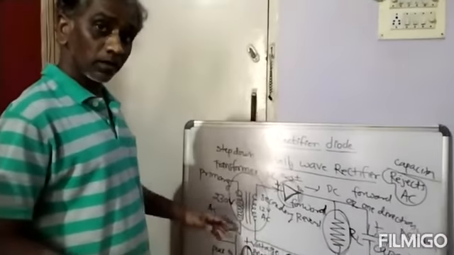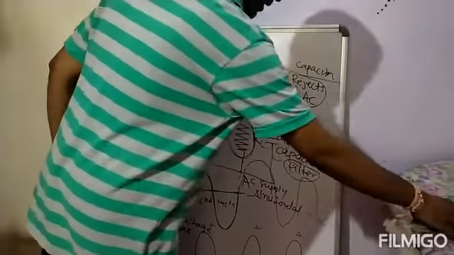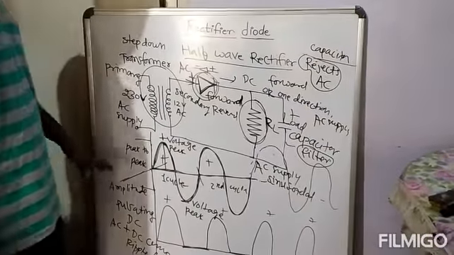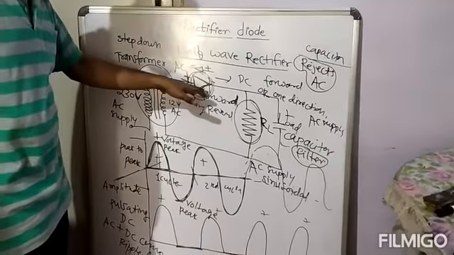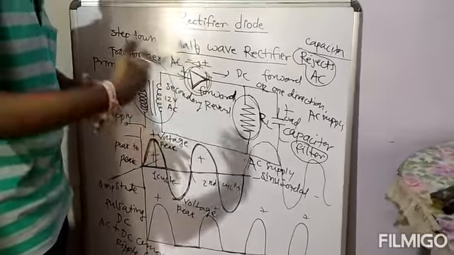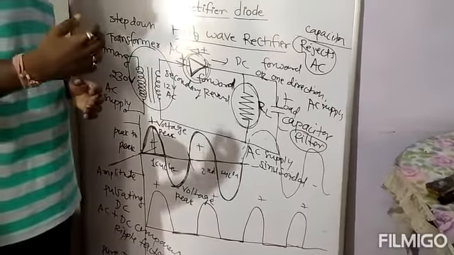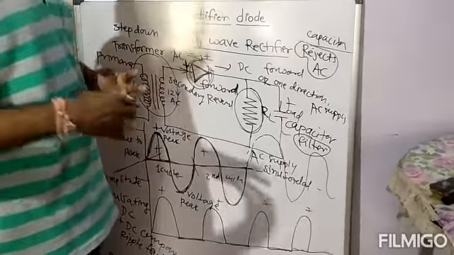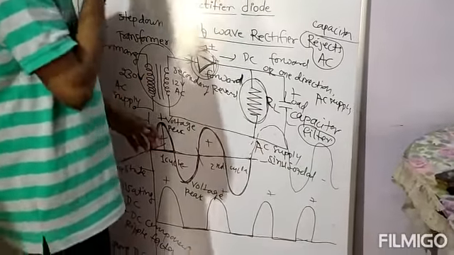Okay, so in this way the half wave rectifier works. Again, briefly, I will explain in short. This is an AC supply we are providing to a diode. The diode is in forward direction, hence it conducts and allows the electric current to flow.